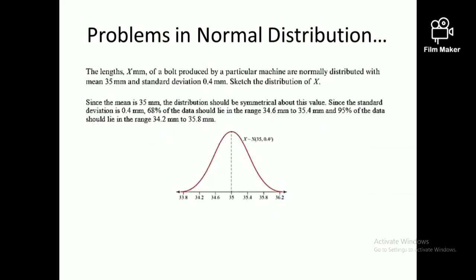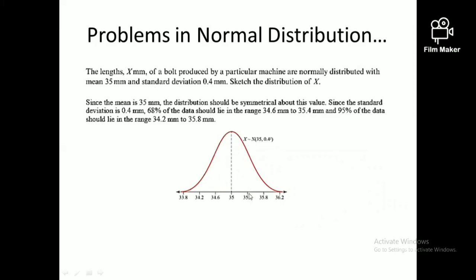If you come up with this question: the length, X millimeters, of a bolt produced by a particular machine is normally distributed with mean 35 and standard deviation of 0.4. Sketch the distribution of X. The line of symmetry is 35. One standard deviation is 35 plus 0.4, which is 35.4, and 35 minus 0.4, which is 34.6.